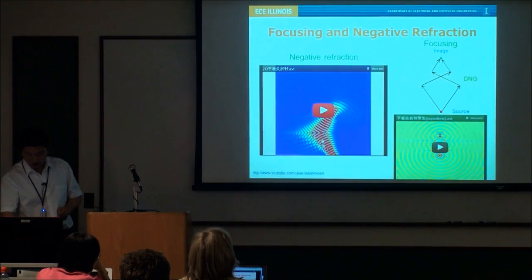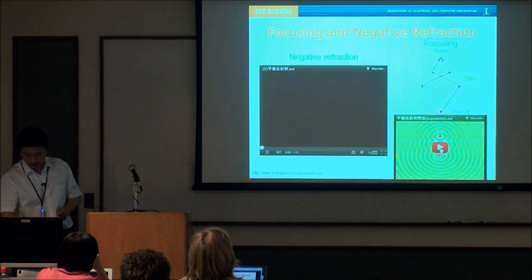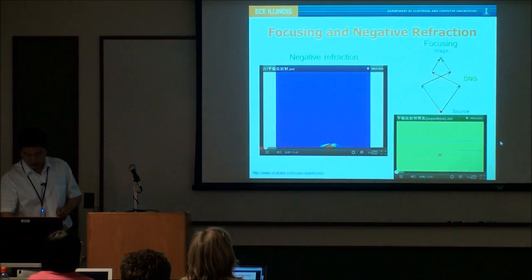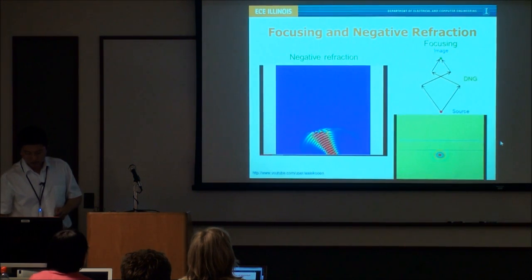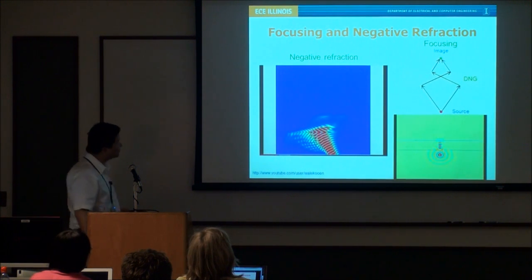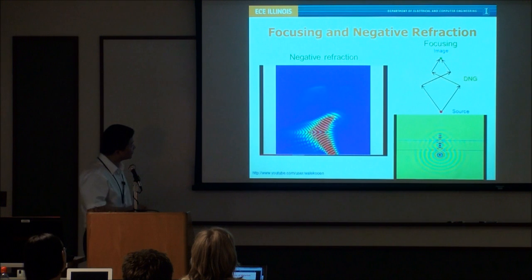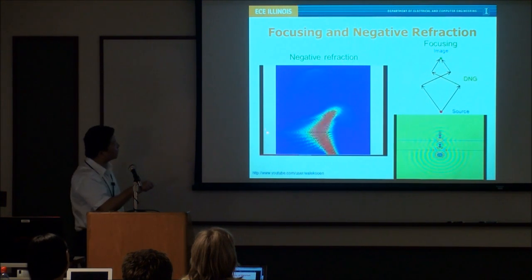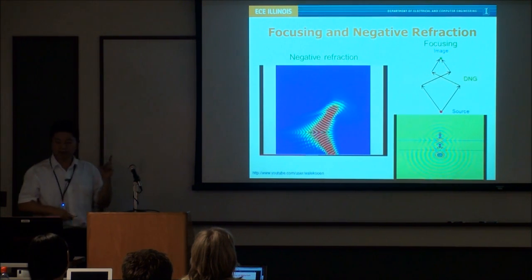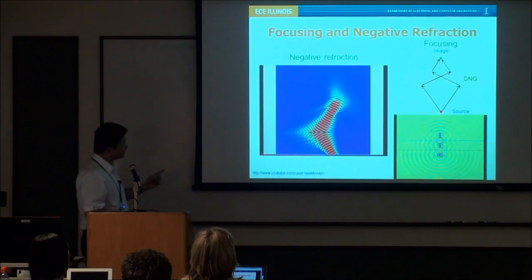So here I just got some examples from the internet, where people have done numerical simulations of what negative refraction will look like in a metamaterial. Here we have a thin slab of metamaterial with negative mu and epsilon.